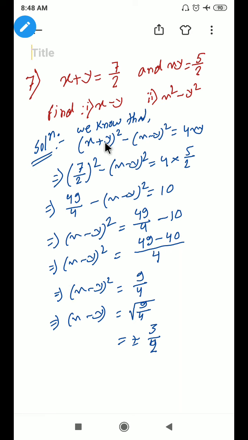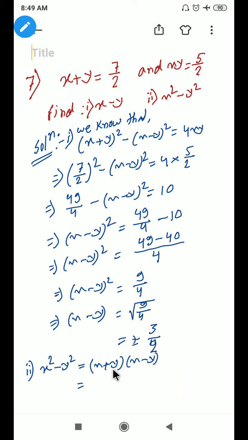Now go to our next problem, question number 2. Question number 2 is asking you to find x square minus y square. We know the formula of x square minus y square, that is (x plus y) and (x minus y).